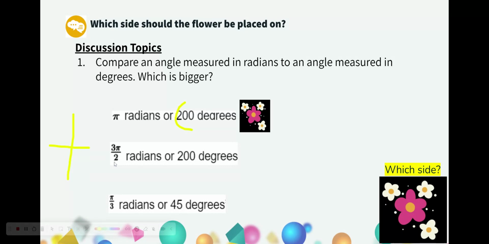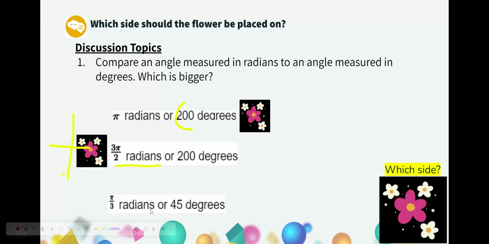What about 3 pi over 2 and then 200? So, obviously, 3 pi over 2 will go more. If you take a look at them on the unit circle, it would be up here. Yeah, some location. So, that will be on this side. So, this is bigger.